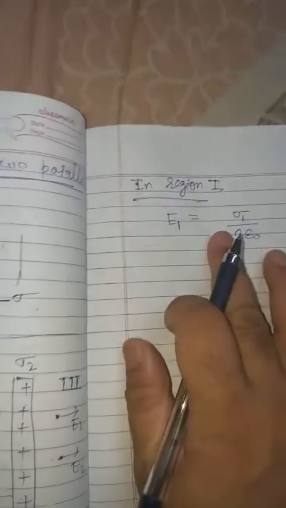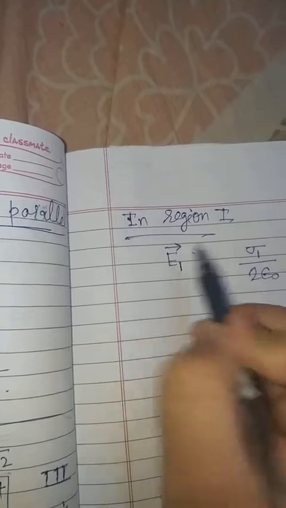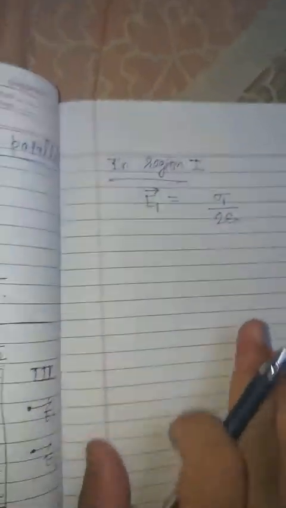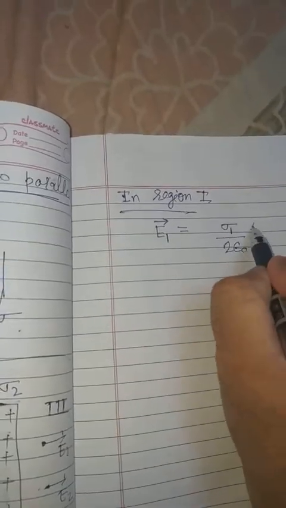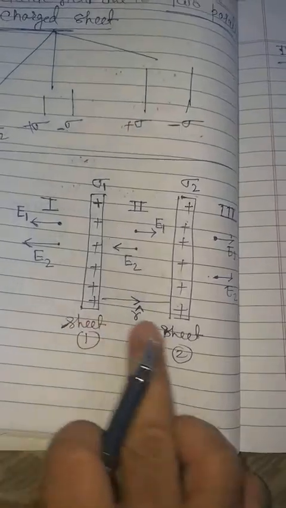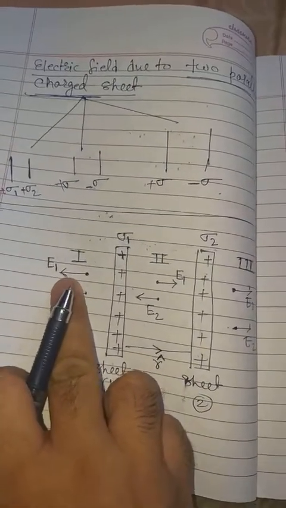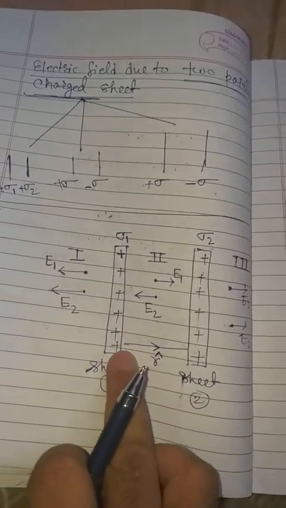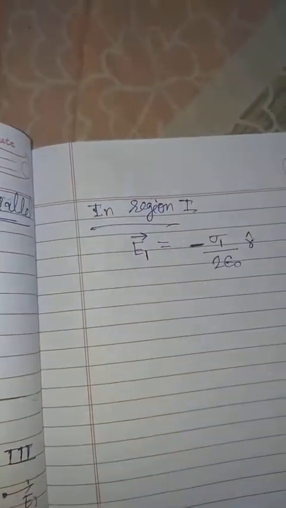Since it is a vector quantity, we need a direction vector. This is the unit vector, directed from sheet 1 to sheet 2, and the electric field is directed this way, opposite to the unit vector, so a negative sign will come out.